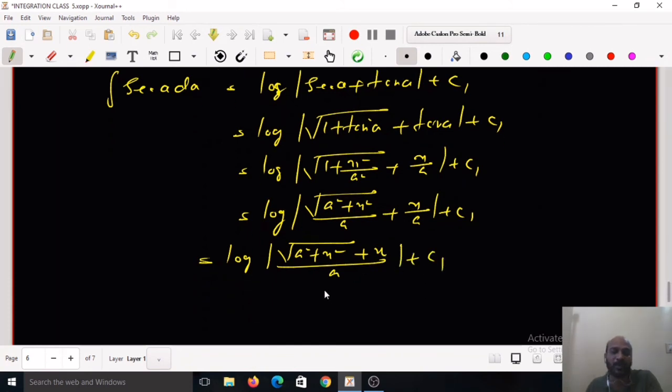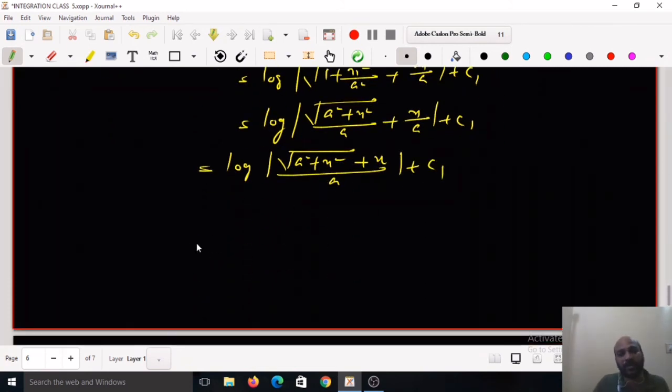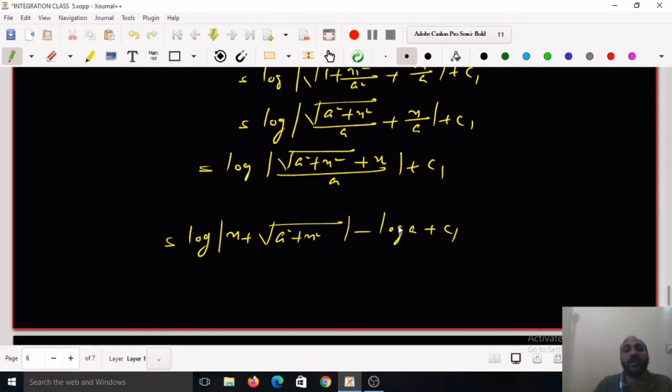Now we can use property of log: log a by b is log a minus log b. So answer is log mod x plus root of a square plus x square minus log a plus c1. Minus log a plus c1 is a constant.